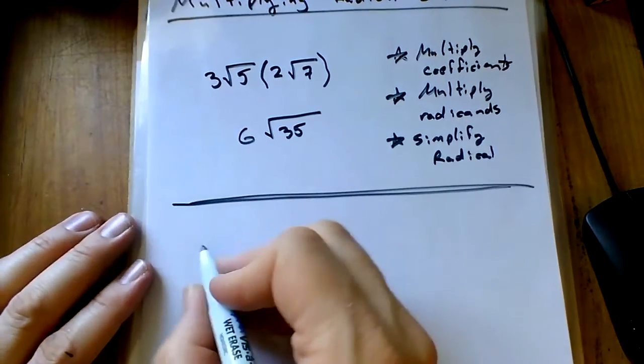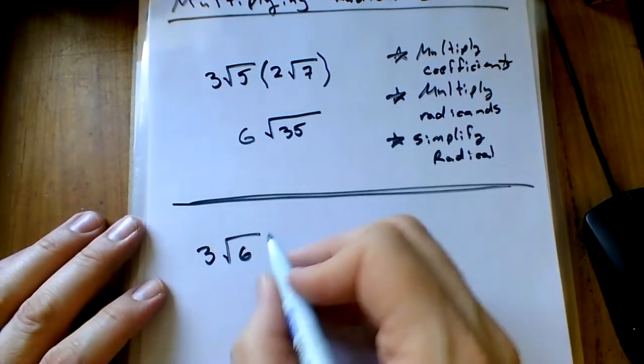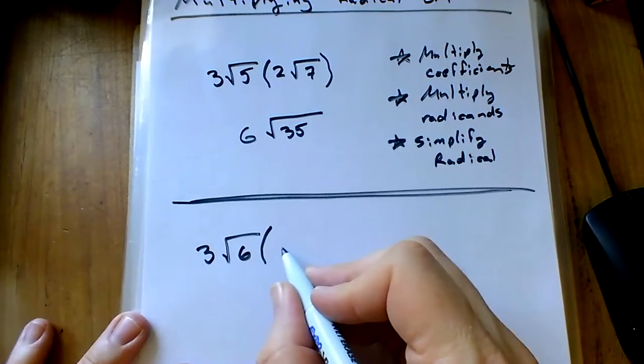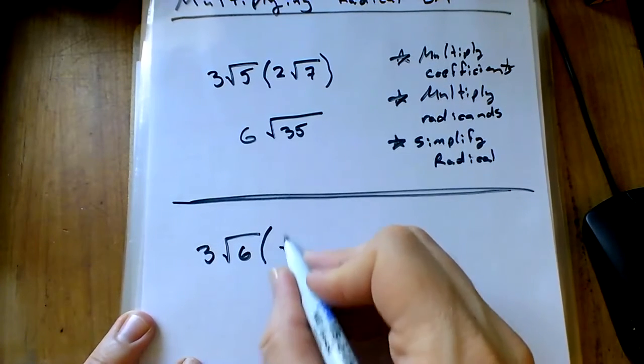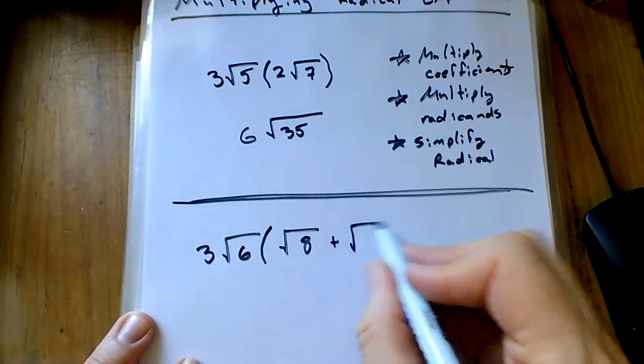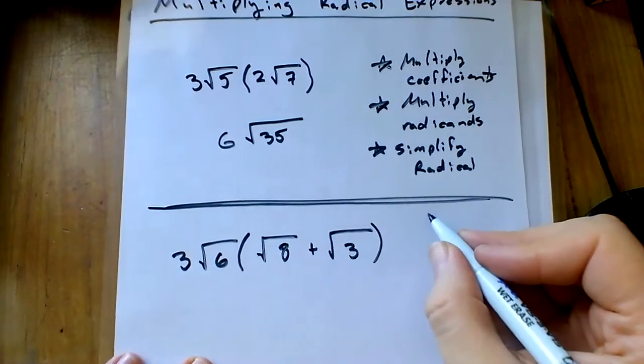Now, as you go on, things can get considerably more interesting. So if I've got something like, say, 3 square roots of 6, and let's say I were to multiply this by the square root of 8 plus the square root of 3. You're still going to distribute.